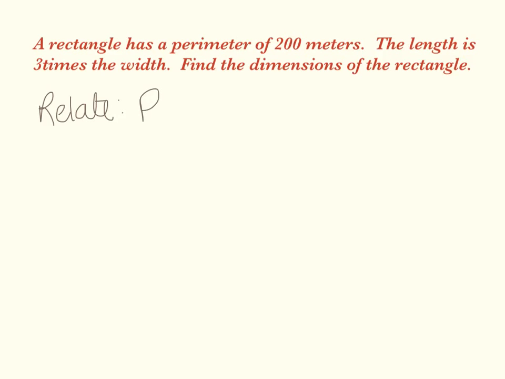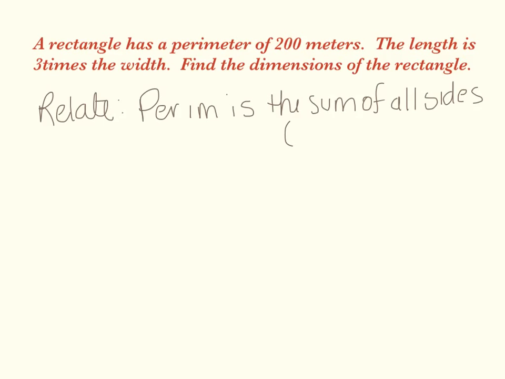Well, the perimeter is the sum of all sides. And the sides are, if you want to write it down, 2 lengths and 2 widths would be all of the sides. That's another way of saying all the sides.